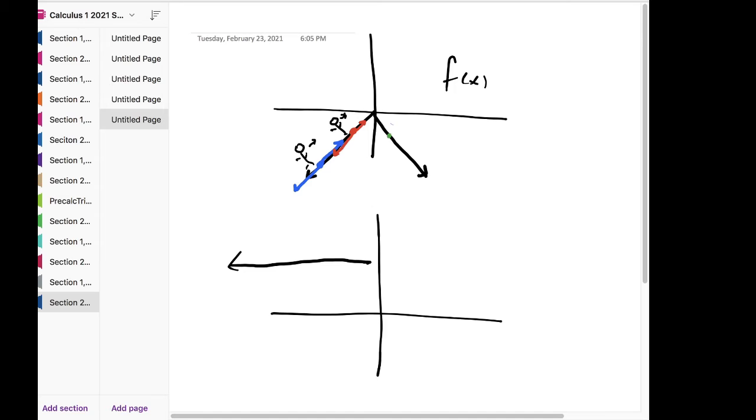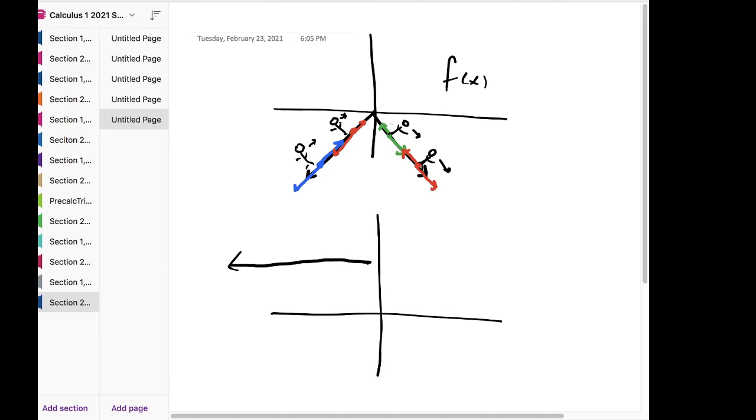Now, same idea, right? This is also a line, so the tangent lines are going to be the same. But in this case, are the slopes positive or negative? Yeah, these are negative.